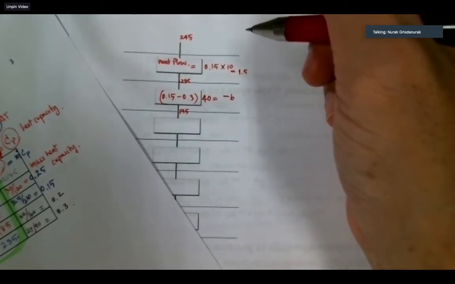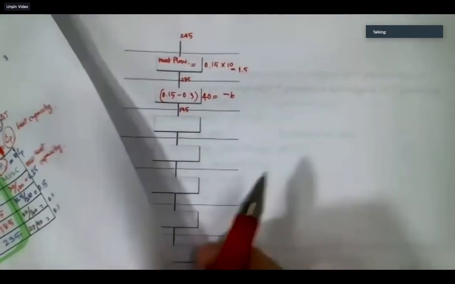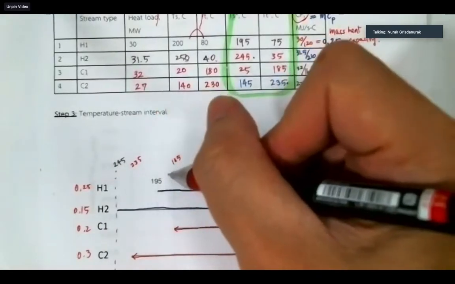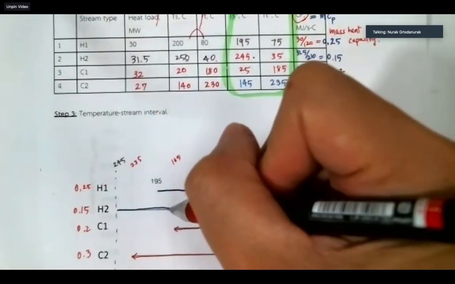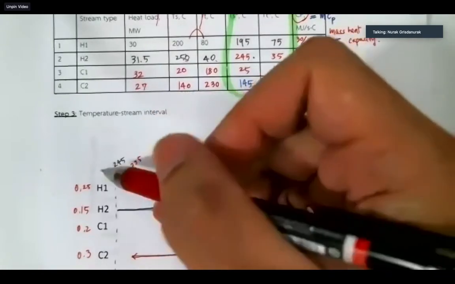Yes or no? Interval ที่ 3, that's it right here. How many streams for the hot one? 2, right? What is CP?